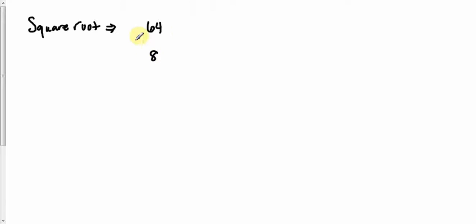Now, we use this notation, which is called a radical, to indicate that we're taking the square root of 64. When they first introduce this to you, they don't talk about that sign, okay? They just say, what's the square root of 64? And you say 8. Now, there's another number that can be the square root of 64. What's another square root of 64?